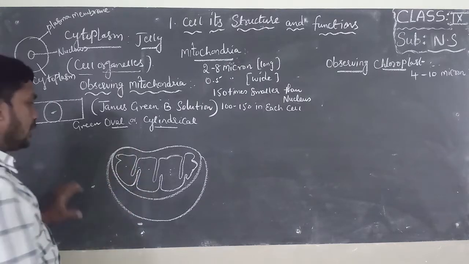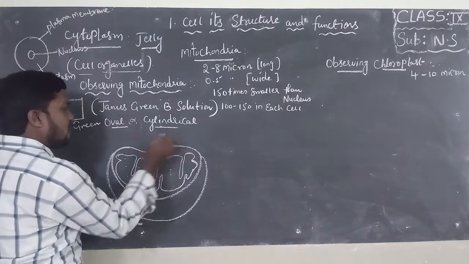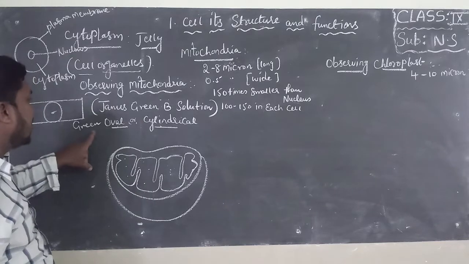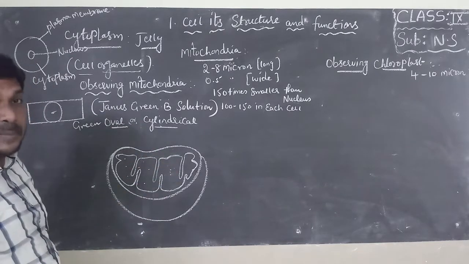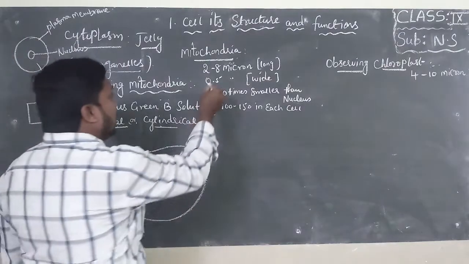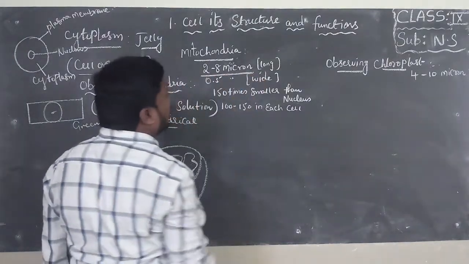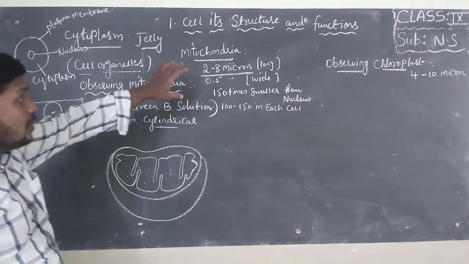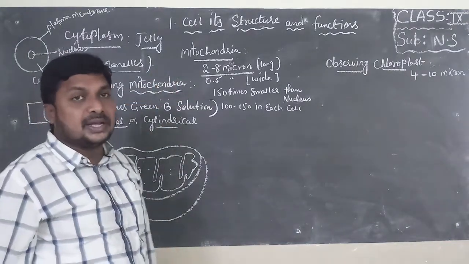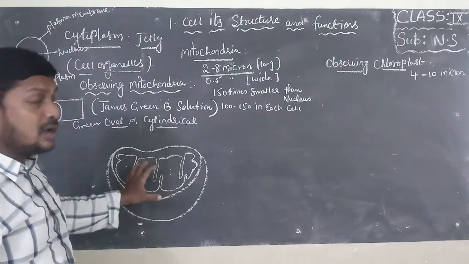What is the shape of mitochondria? First of all, the shape will be oval or cylindrical. What is the measurement of mitochondria? Mitochondria are 2 to 8 microns long, where a micron is a very small unit, so they can be observed with the help of an electron microscope.